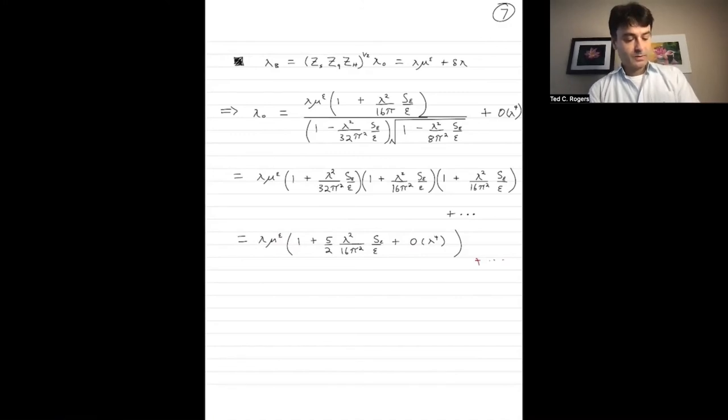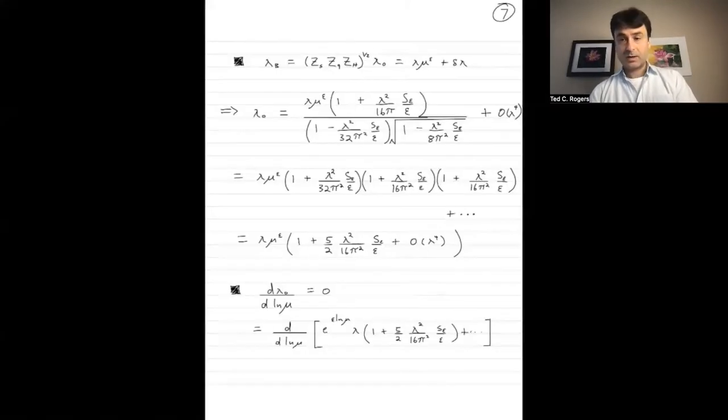And it's an equation that relates lambda sub 0 to lambda, which is now appearing here and here. If I went to higher orders, I could calculate all of these higher order terms, and they'd all be coming with higher powers of 1 over epsilon poles.